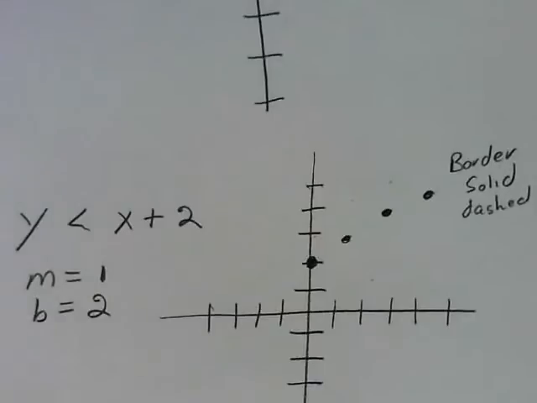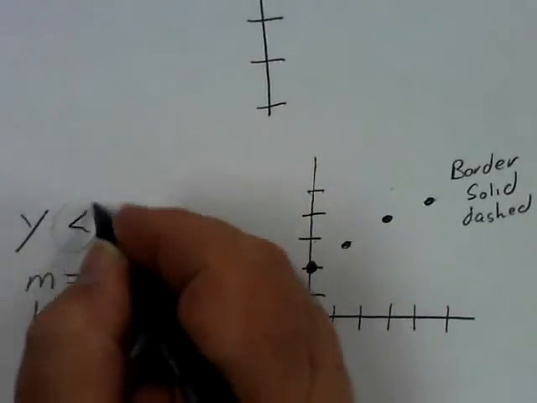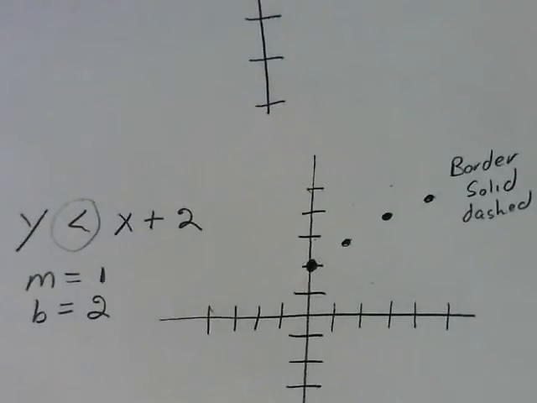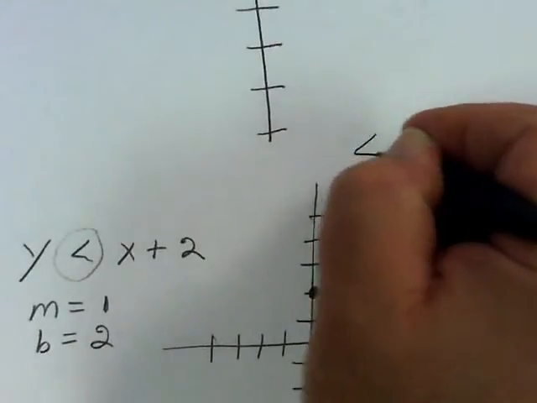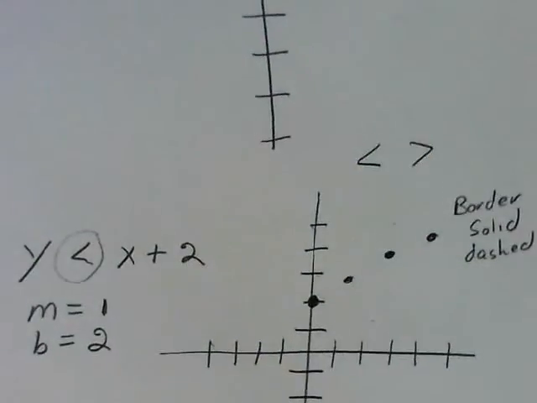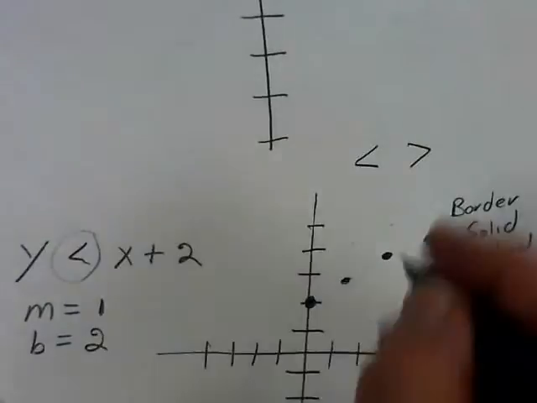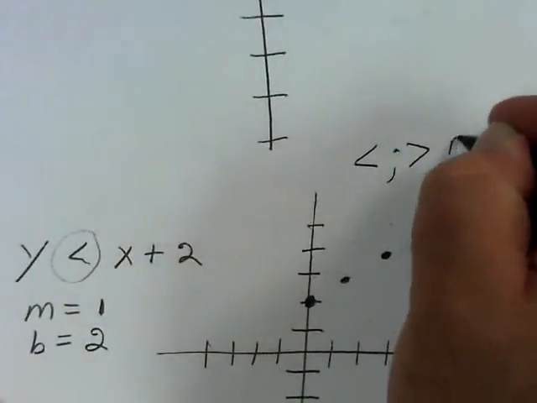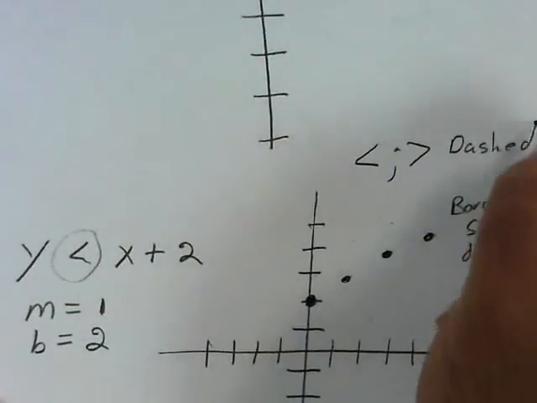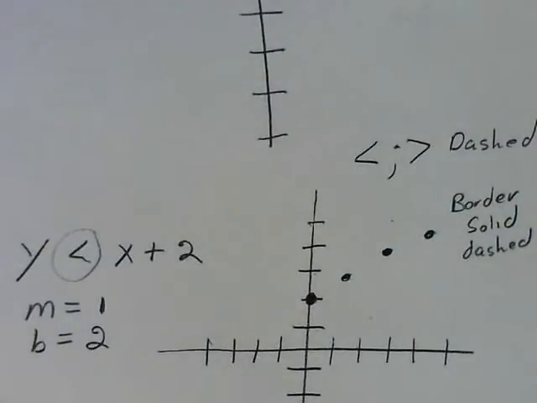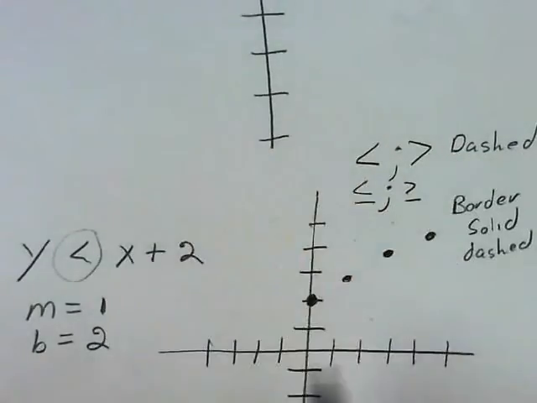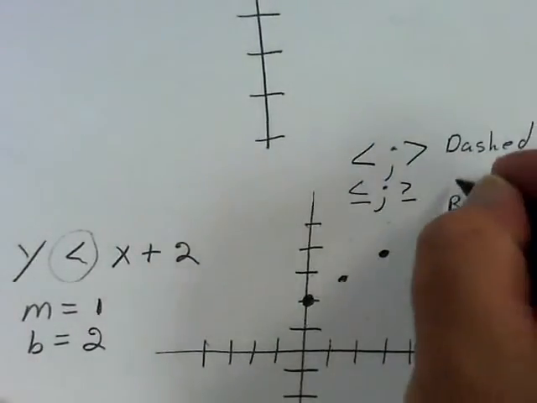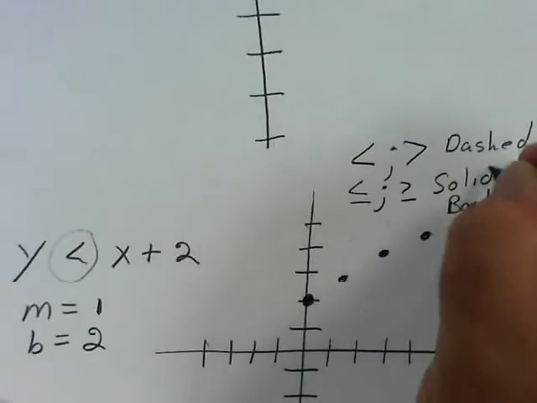Okay, how do I determine the border, whether it is solid or dashed? You have to look at this inequality symbol. If it is a less than or a greater than, then it must be dashed. If it is less than or equal to, greater than or equal to, it has to be solid.